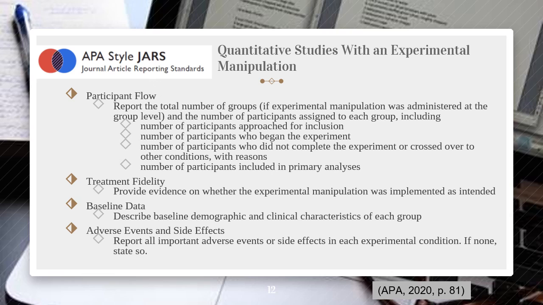That provides information about the baseline demographic and clinical characteristics of your groups. Finally, you'll report whether or not there were any adverse events or side effects. If there weren't any, you don't have to report anything. You just say that there were no adverse effects. So now you have all you need to make sure that your results section adheres to the APA JARS standards.